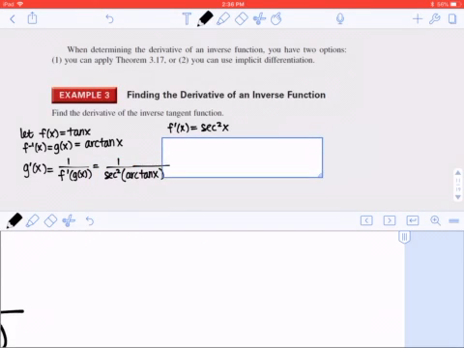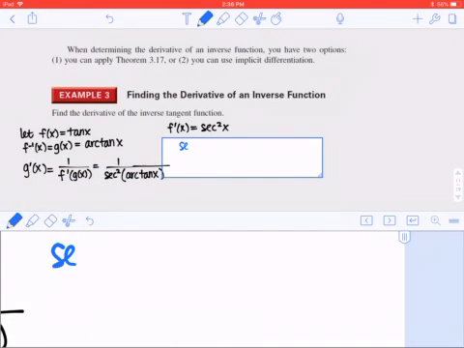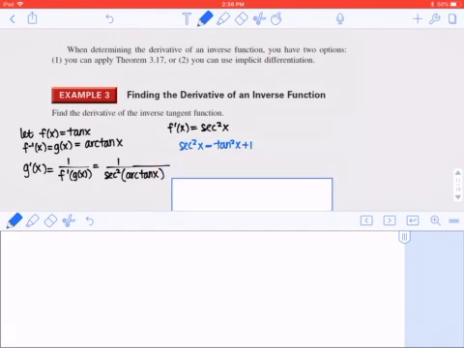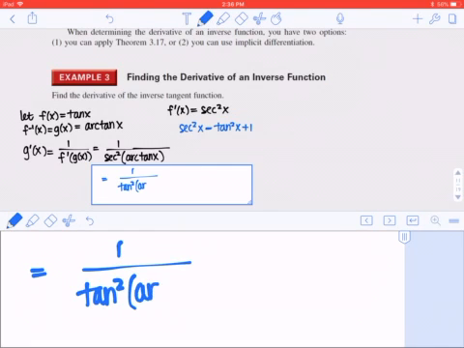Here's where a little trickery comes in. There is a trig identity that says secant squared x is the same thing as tan squared x plus 1. So if I want to replace secant squared of this with tan squared of that plus 1, it could be tan squared of arctan x plus 1. That would be equivalent using that trig identity.